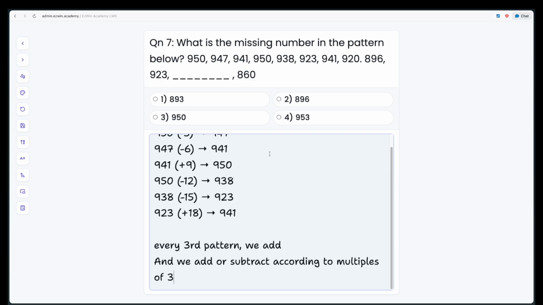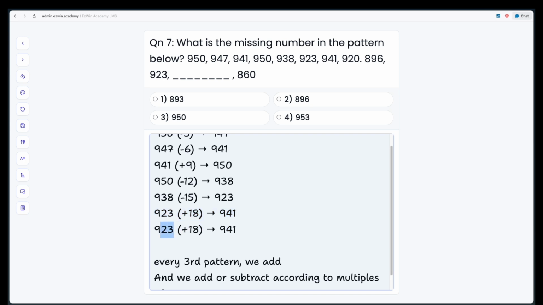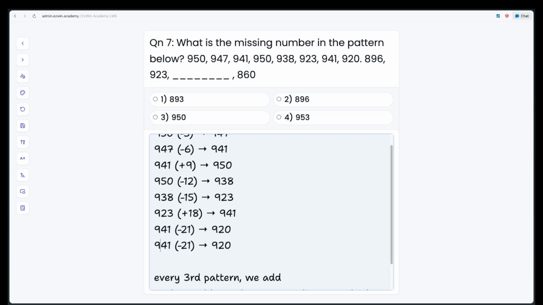So in this case, what do we do from 941 to 920? So we minus, right? 941 to 920. So we can just manually do this. We will just minus 21. So from 920, let me write there, 920 to 896.